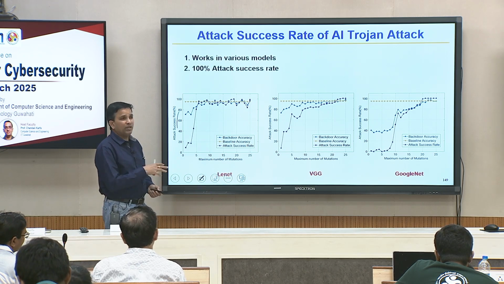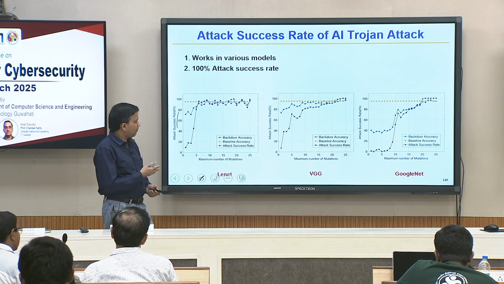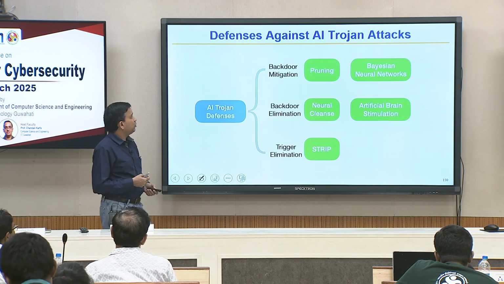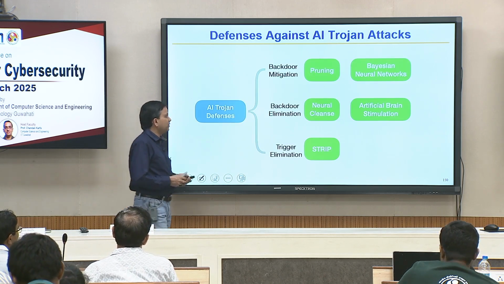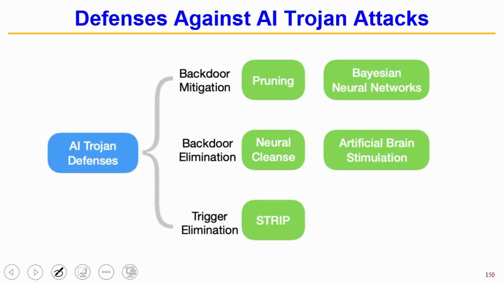And by the way, this idea works on any domain, it is not just Trojans, we applied it on Trojans and published on it. So, what are the defenses for this? There are many defenses in the community and as I said, every year 12,000 papers get published, there could be more, but I divide them into 3 broad categories. First, backdoor mitigation, which is pruning.